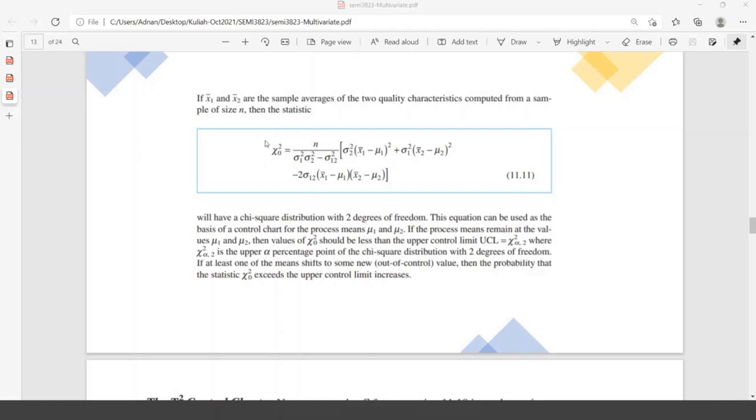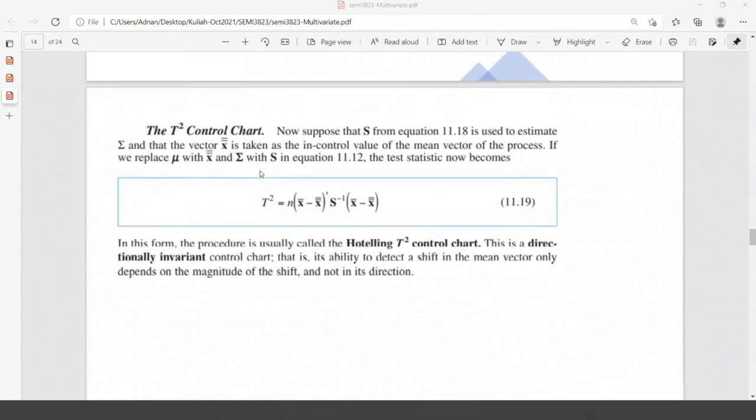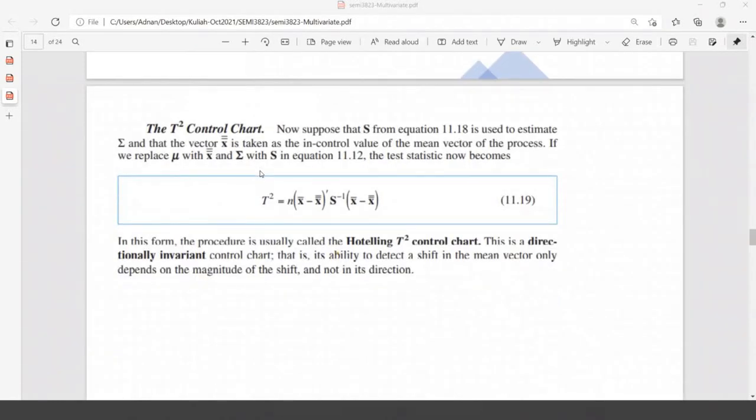This is what we monitor, the chi-square statistic. This chi-square will be almost equal to Hotelling T2 when the sample size n gets big. That is why we see the T-square control chart. When n gets bigger, the chi-square will be approximately the same as the T-square control chart.